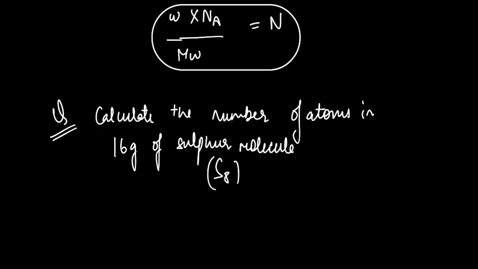If you don't consider that, your answer will be wrong. If you don't know the mass of sulfur, it's not given in the question, we will not be able to do it. If we have memorized it, we'll have a better chance to calculate it correctly. Now they want to calculate the number of atoms not in any other value of sulfur but 16 gram.